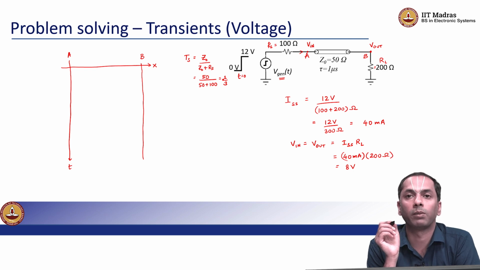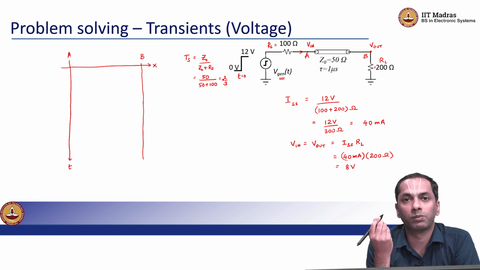So, I just want to make a comment here. It's very interesting that this Ts, which is the transmission coefficient, only seems to be dependent on Z naught and Rs, and it doesn't seem to be dependent on RL. So, some way to verbalize this in English is to say that the transmission and reflection coefficients are only dependent on local impedances.